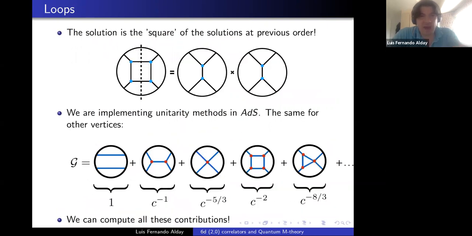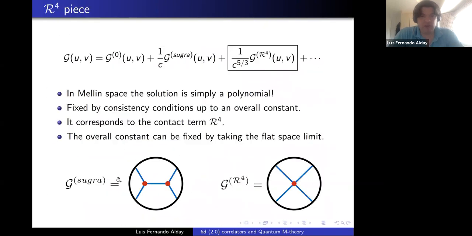But at the end of the day, what happens is that at loop order, the solution is, in a very precise way, the square of the solutions at previous order. For instance, remember that the gravity solution corresponds to an exchange diagram like this, and the vertex solution, this contact term, corresponds to this one.